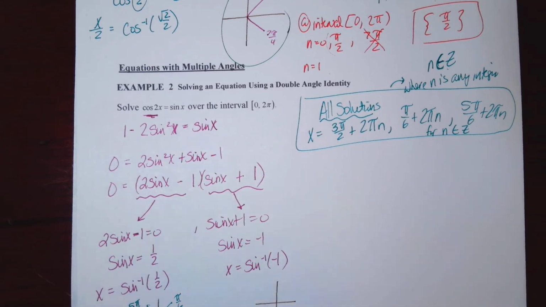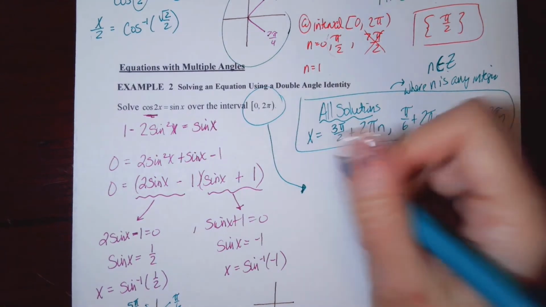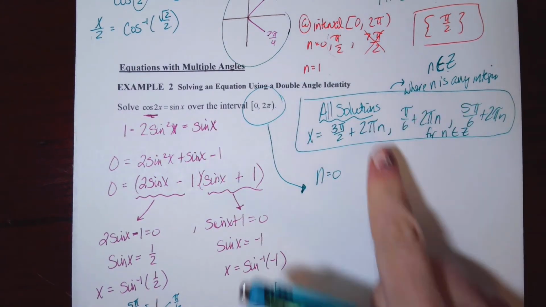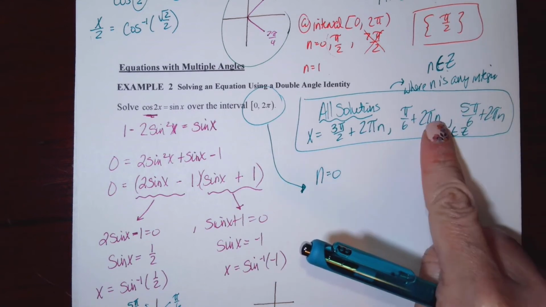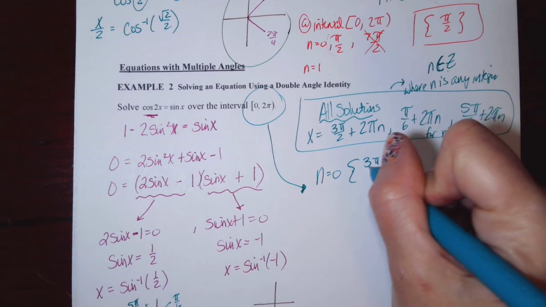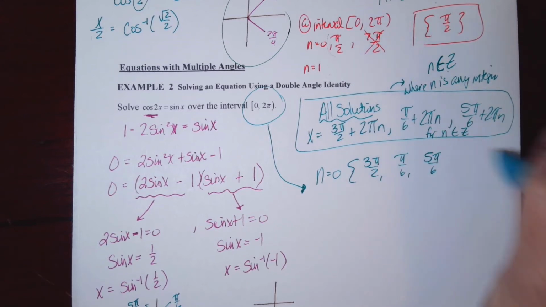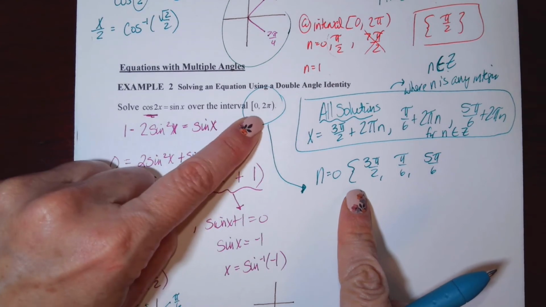Okay, what about for the interval? Well, what angles fit between 0 and 2 pi? Well, when n is 0, so I'm not actually adding anything, 2 pi times 0 is 0, I've got 3 pi halves, I've got pi 6, and I've got 5 pi 6. Those are all between 0 and 2 pi.